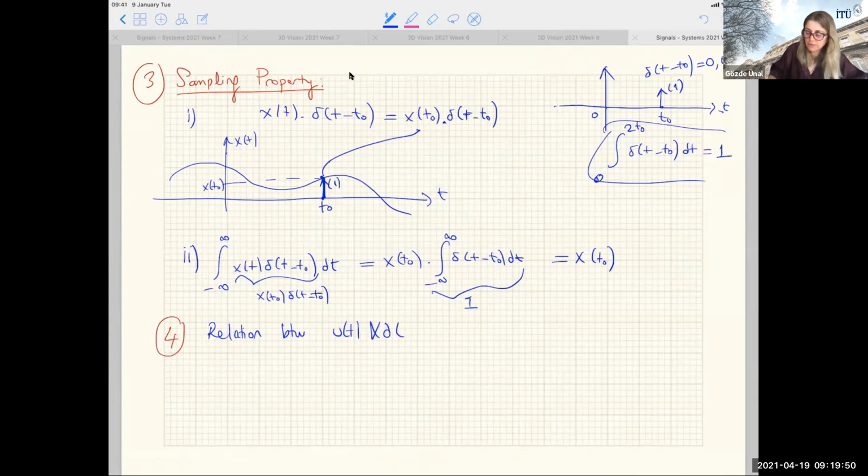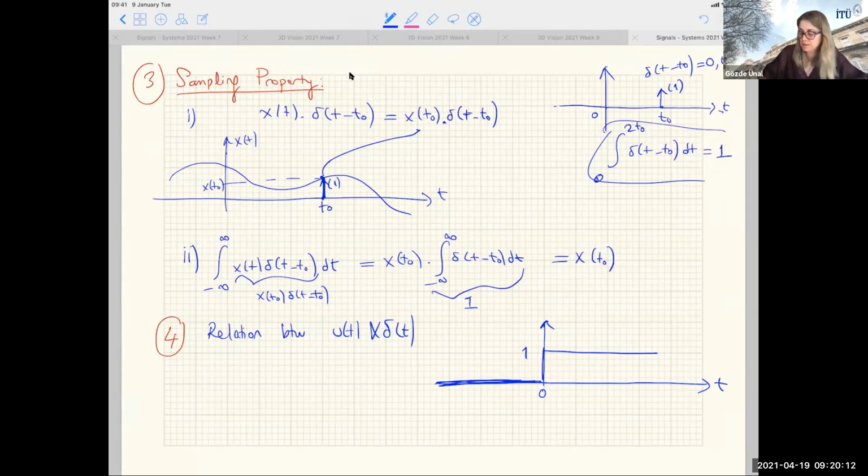Can you guess what u of t was? Or maybe let's show it here. Heaviside function, right? Remember, when t is less than 0, it's all zeros, and when t is greater or equal to 0, let's say it's 1.